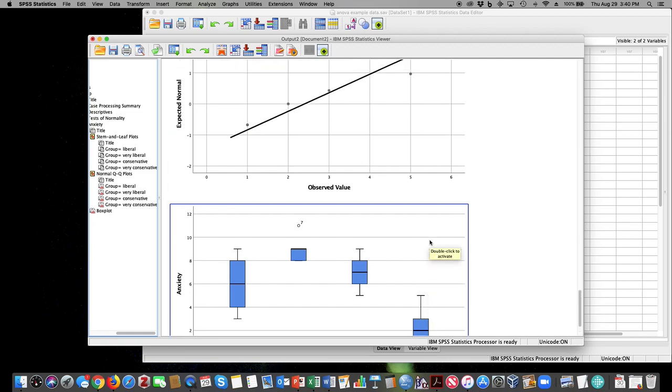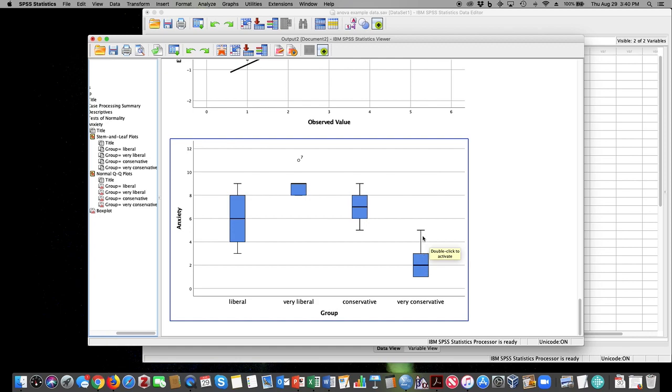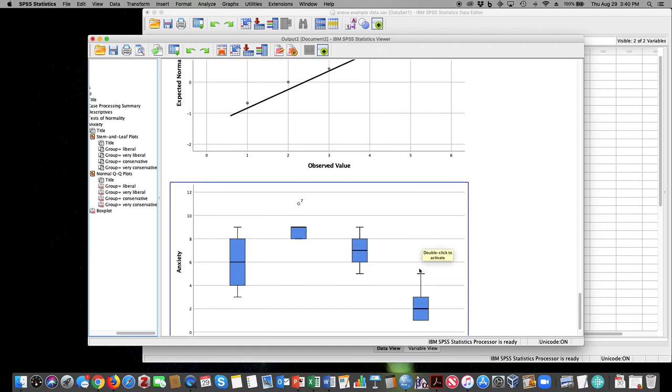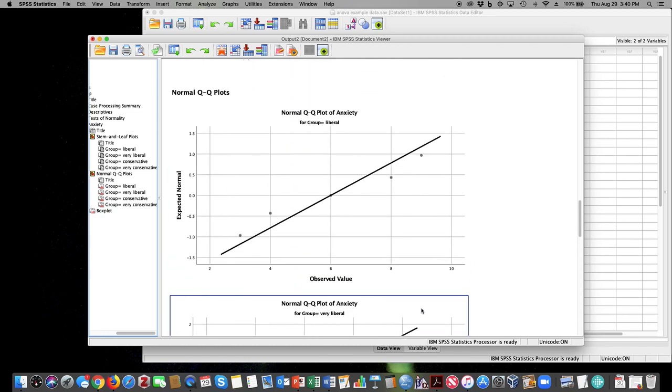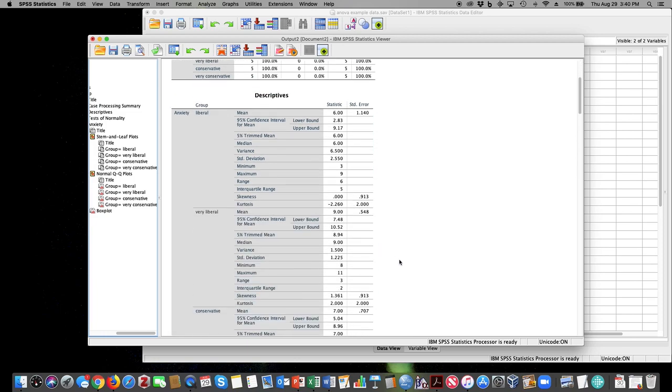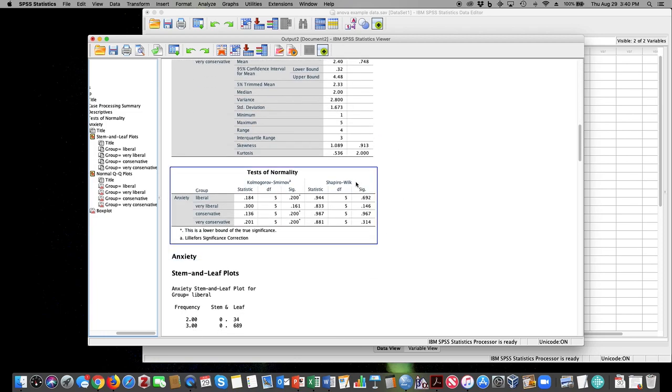Not severely skewed, but you've got a data point that seems to be pulling the distribution a little bit, though the median is right near the middle of the box, which is a good thing. So just some descriptive data. Because of our Shapiro-Wilk statistic with a small data set, we've met our normality assumption.